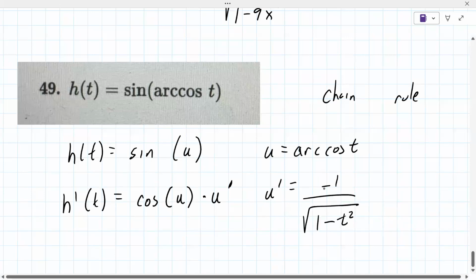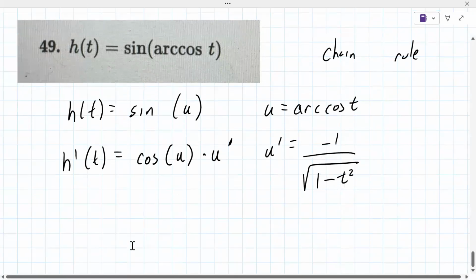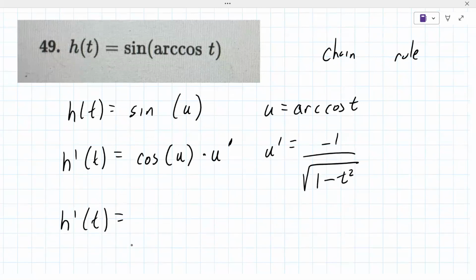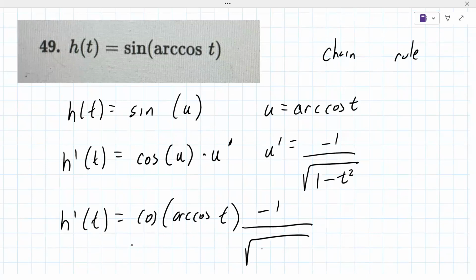Good. All right. So the h prime of t is cosine of u. U is really that arc cosine of t. U prime is negative 1 over the square root of 1 minus t squared, like that. And that's your final answer.